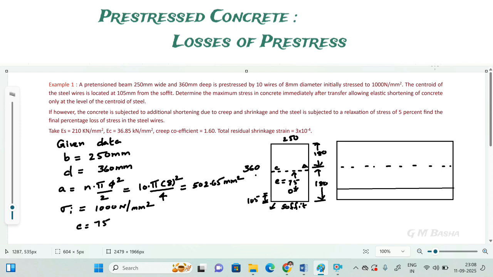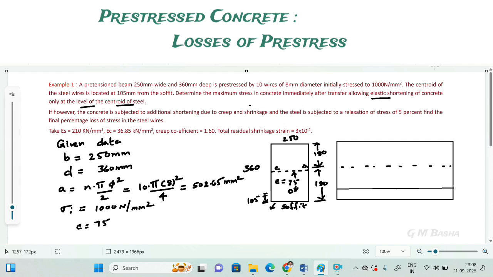What is given? Determine the maximum stress in concrete immediately after transfer, allowing elastic shortening of concrete only at the level of the centroid of steel. So first we can find the stress in concrete. Like in the general formula, how do we find stress in the concrete?